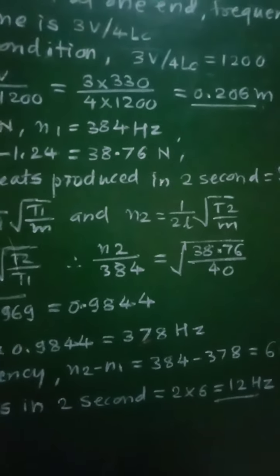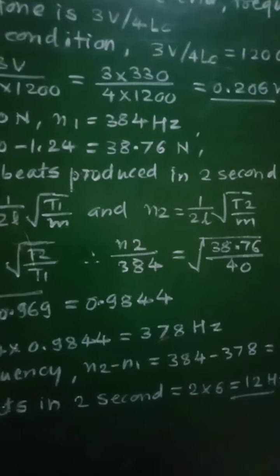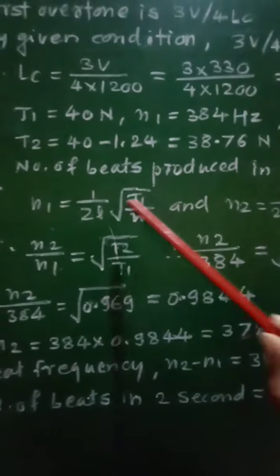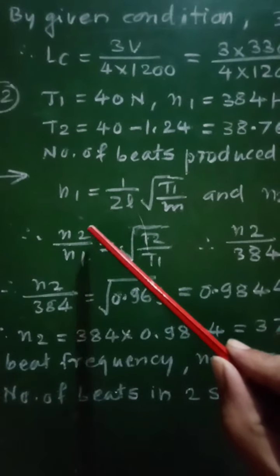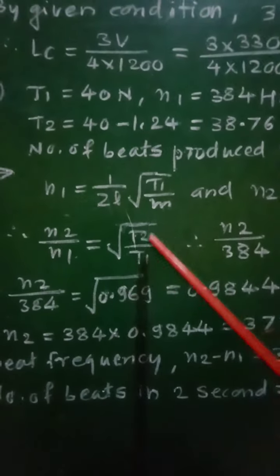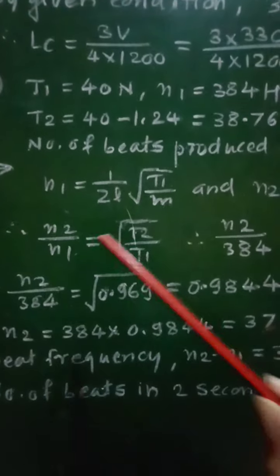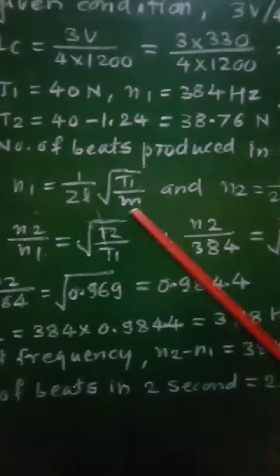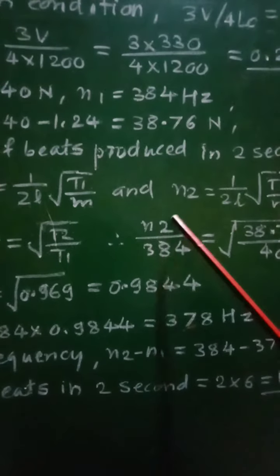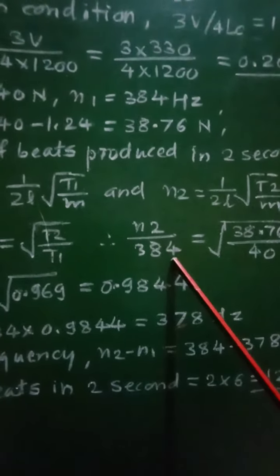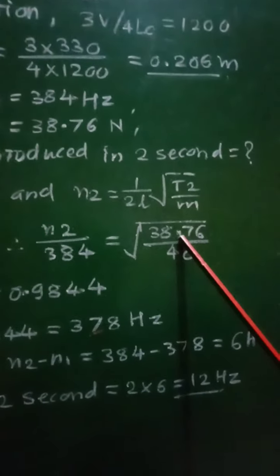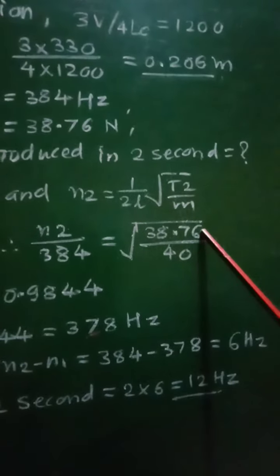Only tension is different; L and M will be kept constant, and therefore taking ratio of N2 and N1, we can write N2 by N1 equal to square root of T2 by T1, as N is directly proportional to square root of T.